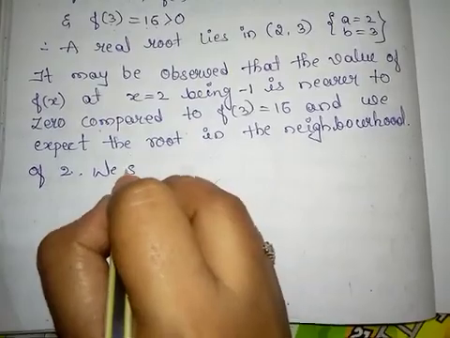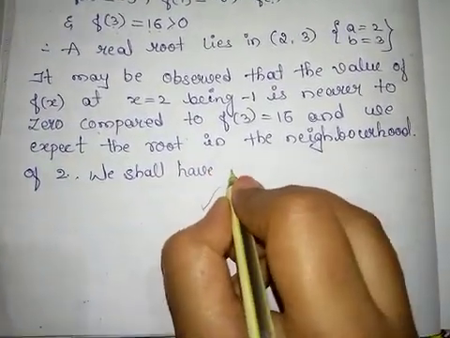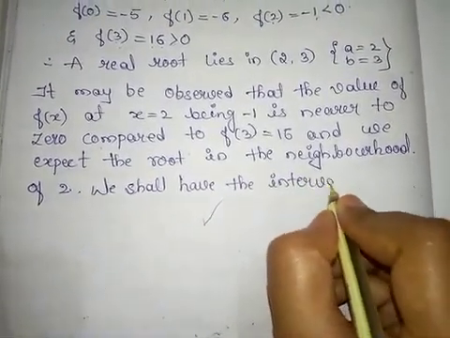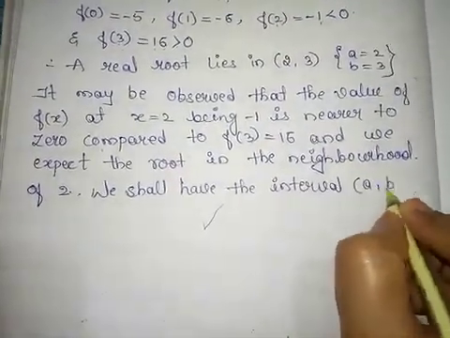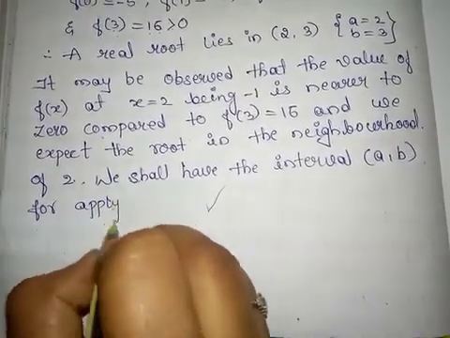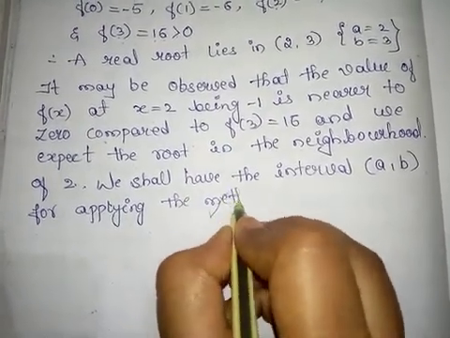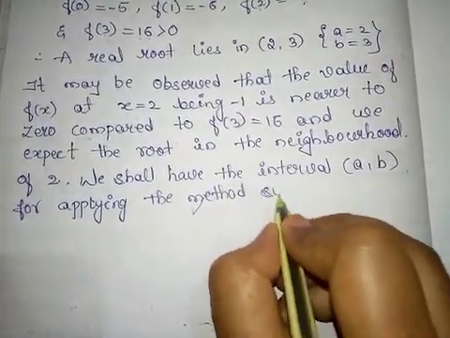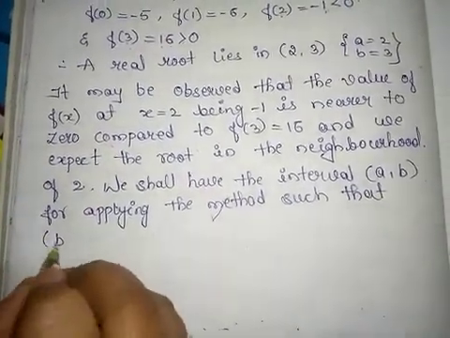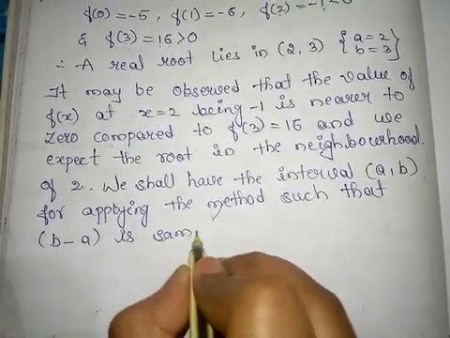We shall take the interval a comma b for applying the method such that b minus a is small enough.